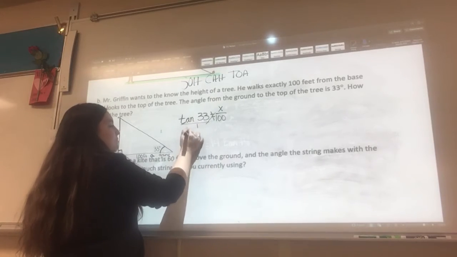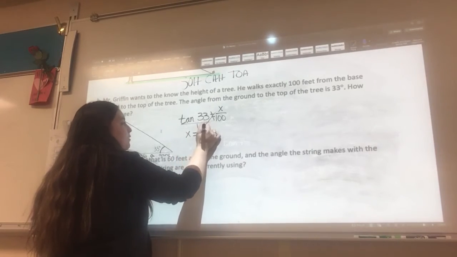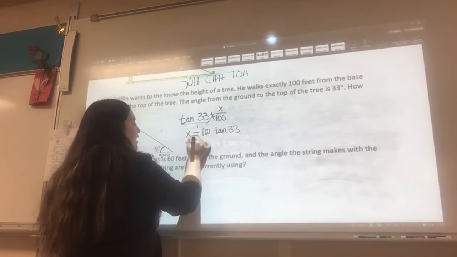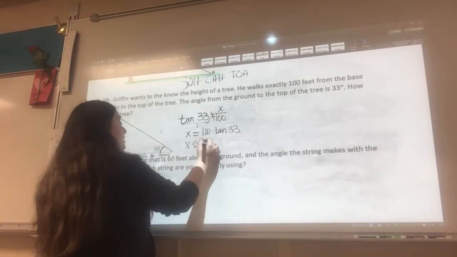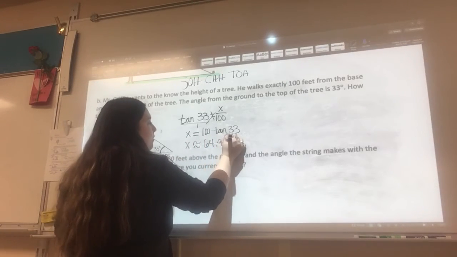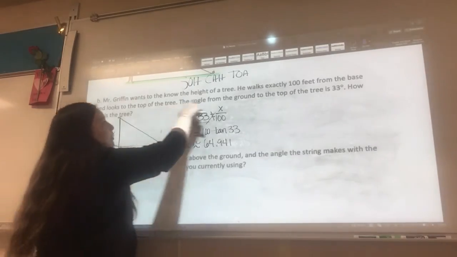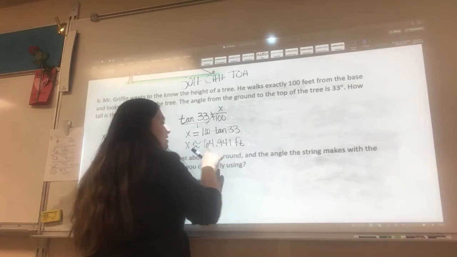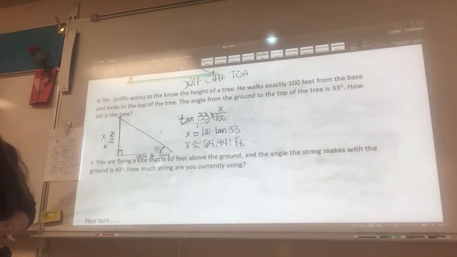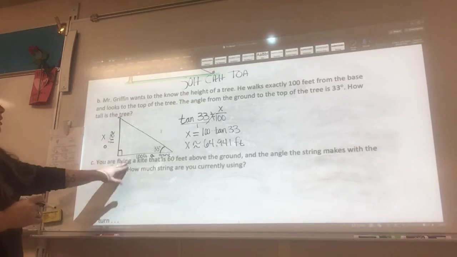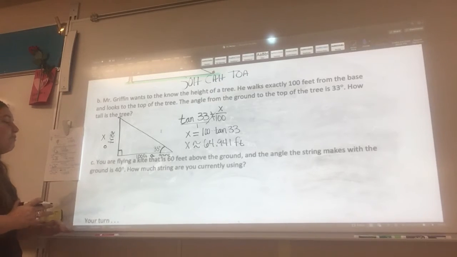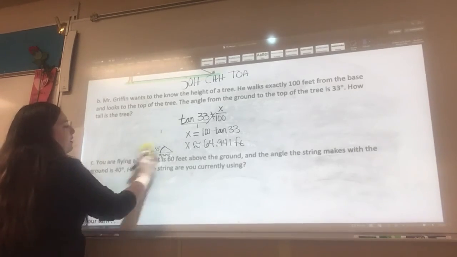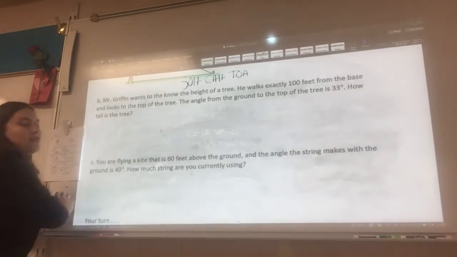Variable first, x times 1 is x, and it's going to equal 100 times tangent of 33. So x is approximately 64.941, and since it says 100 feet, that means this tree is approximately 64.941 feet. Okay. Drawing a picture is important, and all I do to draw a picture is I read and start drawing as I go. That is very important. You have to read the problem.